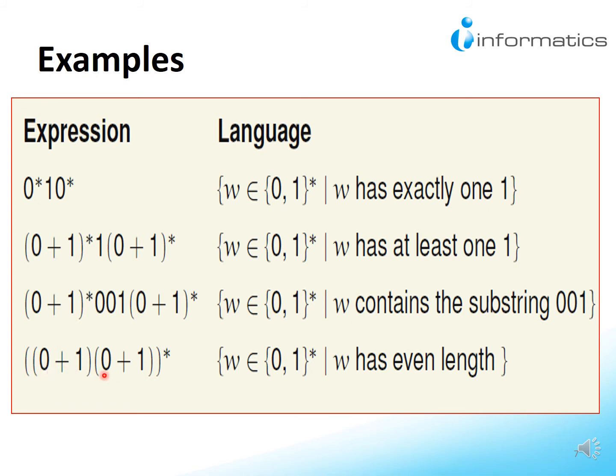This actually is the strings with length 2: 00, 01, 10, 11. And applying the Kleene star operation to this, we get a language containing all strings of even length: length 0, length 2, length 4, and so on and so forth.